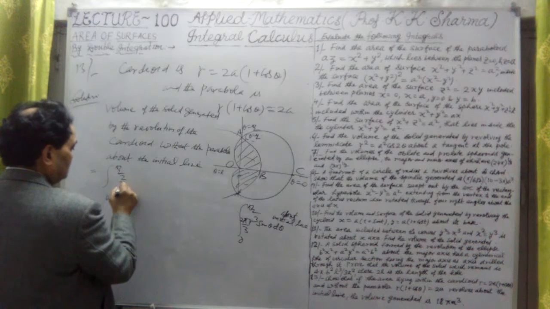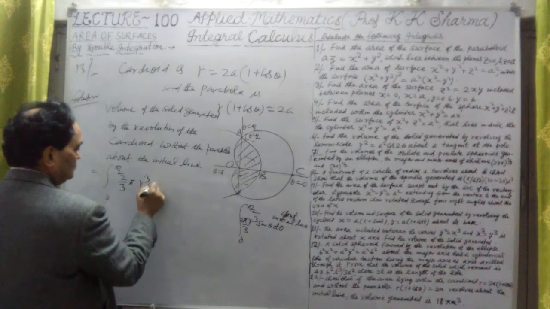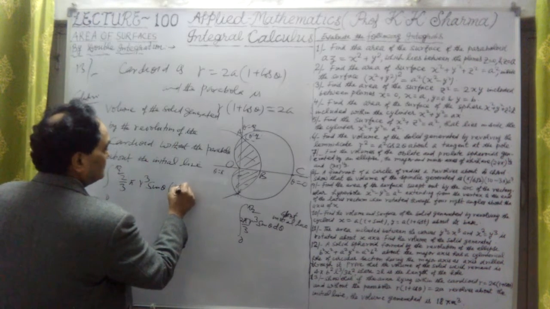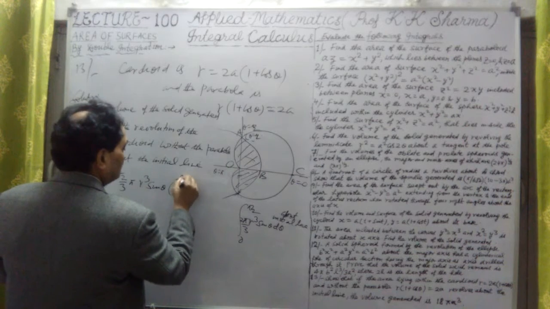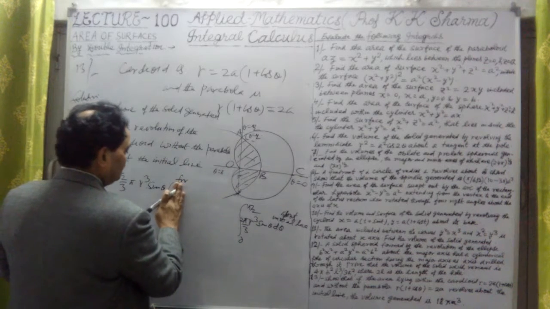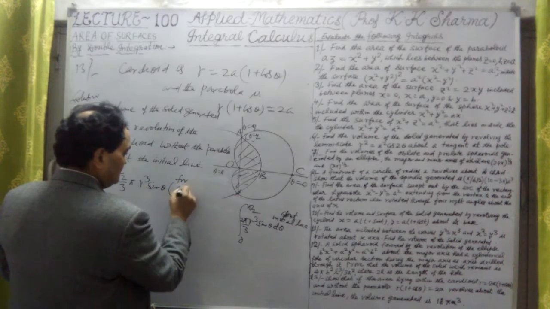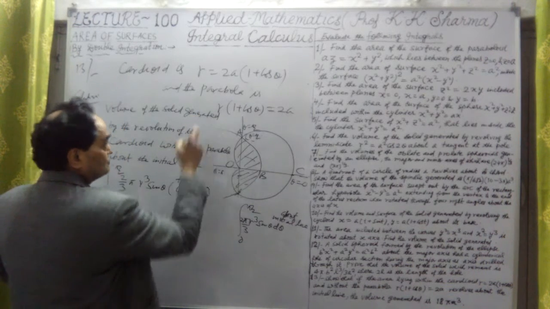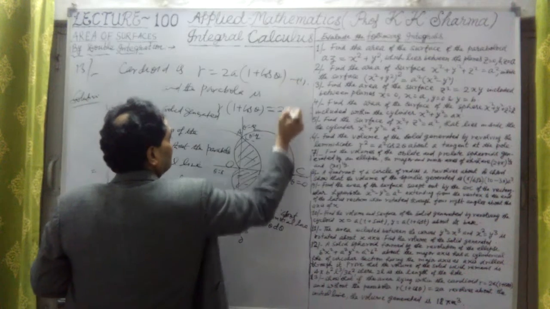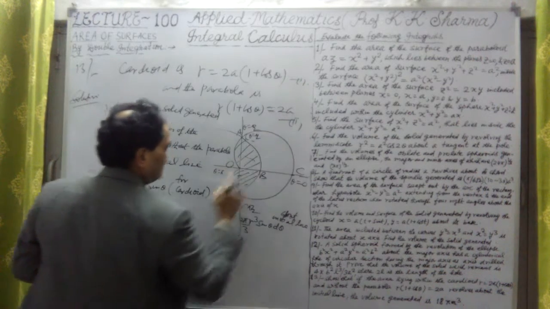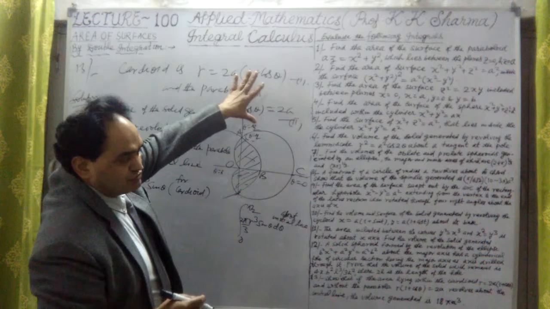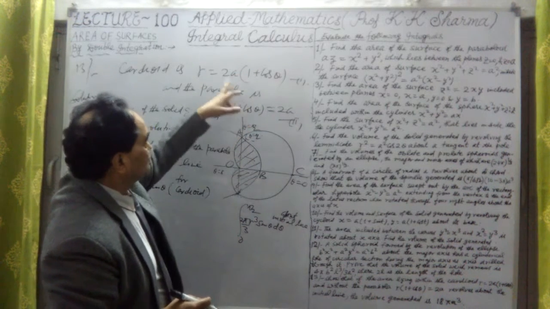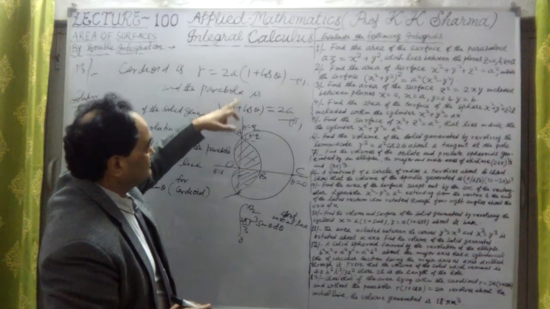This is 2 by 3 pi into R cube sine theta, for the cardioid. This is for the cardioid here, the first equation, and this is the second one for the parabola. I have solved these two equations, and after that we calculated theta equal to pi by 2, because I substituted the value of r from both the equations.